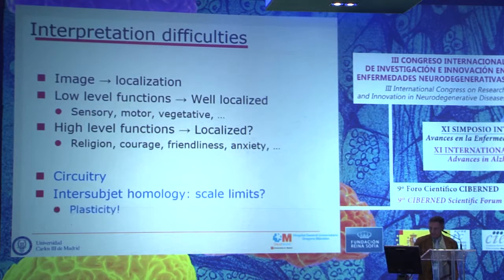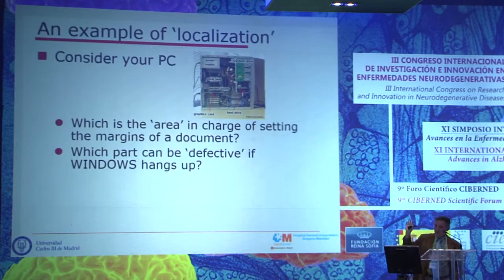And of course we know that the brain is able to move functions from one place to another. So there is something that may be very wrong with the approach of neuroimaging, because we are assuming that things are in a proper place for everybody, and we already know that the brain is able to move the functions to different places.